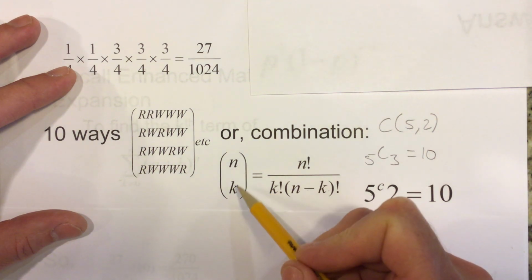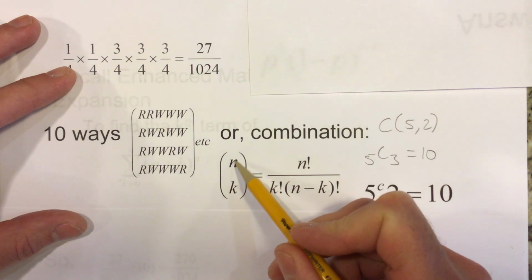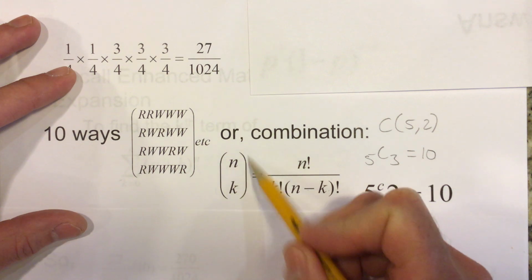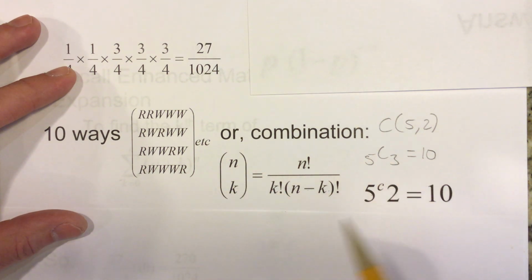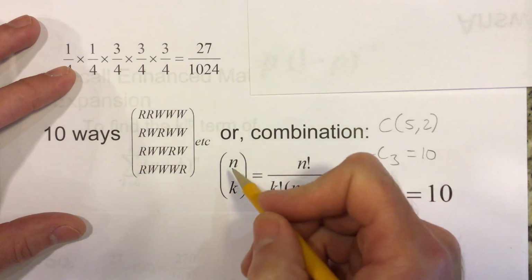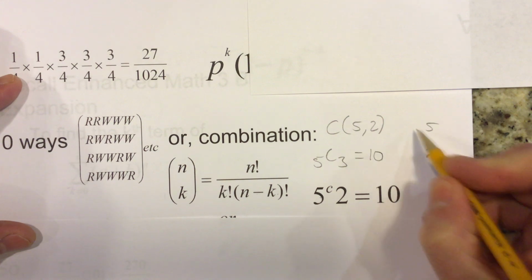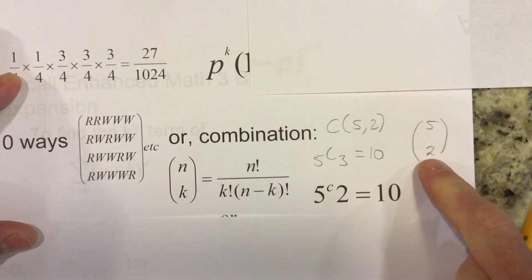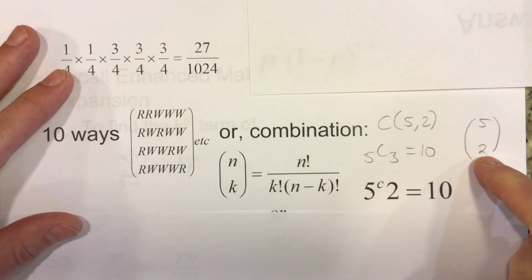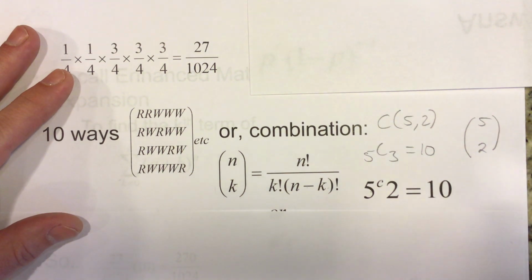Here's how they write it on your formula sheet. When you see n and then k in parentheses, and the n and k are vertical, that means combination. So they would write 5 and then 2. That means 5 choose 2, or 5 combination 2, which is 10.